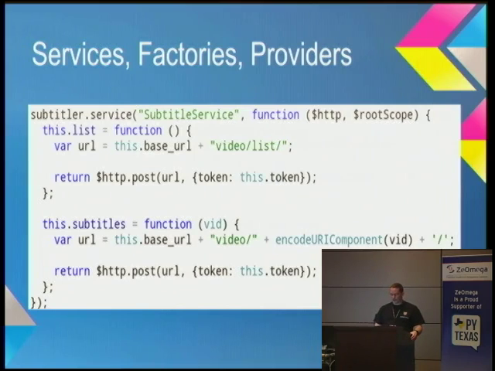And so you can see the list function is calling some URL. If you're familiar with jQuery, there is jQuery.ajax. Well, in Angular, you have $http. And that's how you make AJAX calls. Now, like I said earlier, you want to try and separate your code.